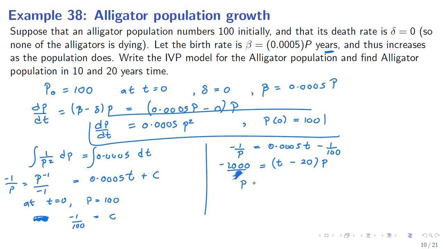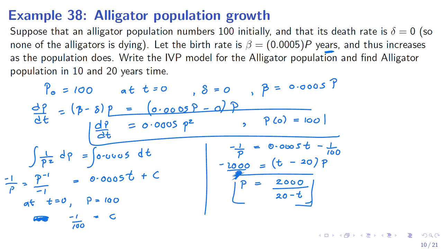So P will be 2000 divided by 20 minus t. So I did two things: I divided by t minus 20 and then multiplied by minus 1. Okay, so this is our solution, P.